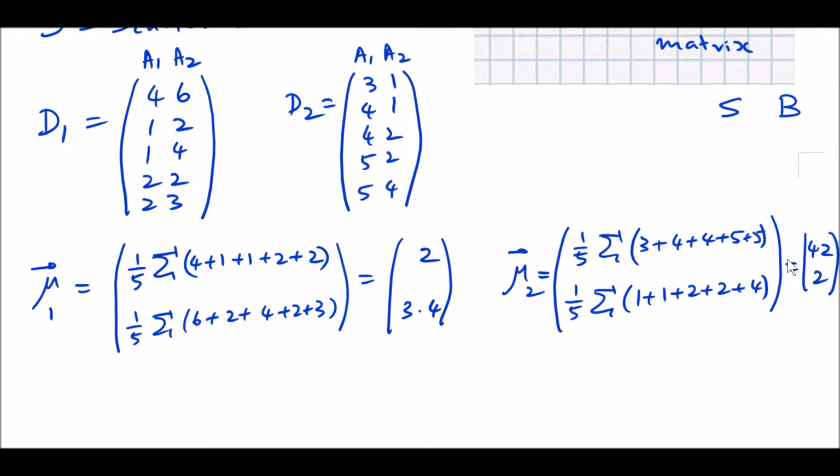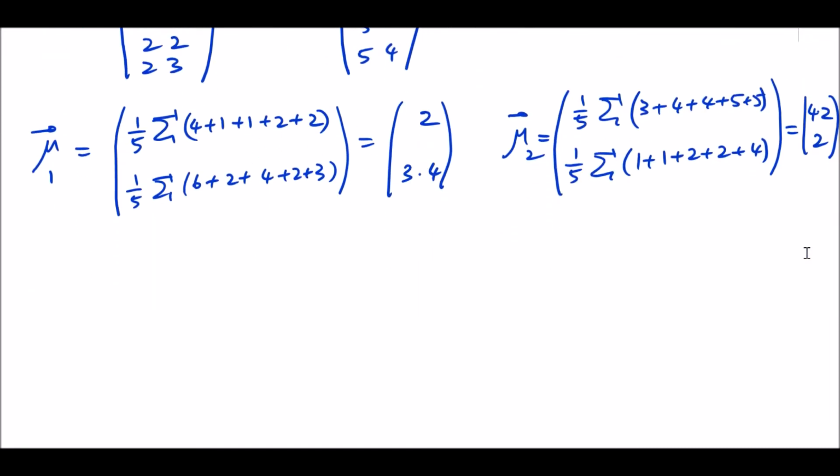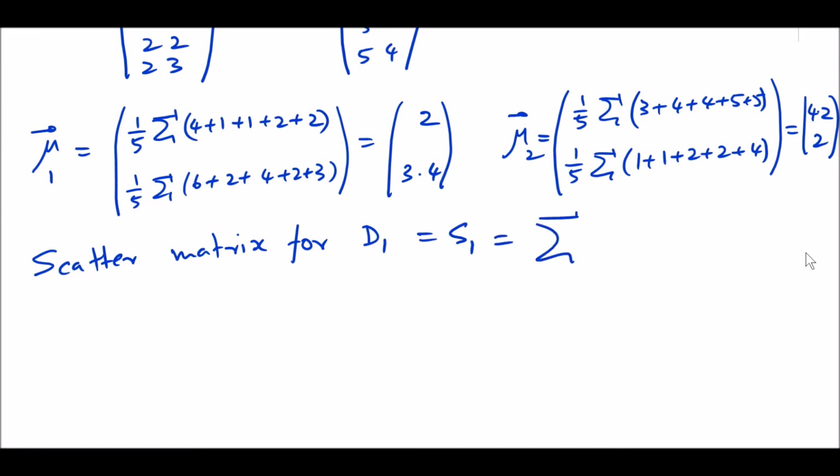Now we have a definition for the scatter matrix. The scatter matrix for D1 is known as S1, which is equal to sigma over xi in D1 of xi minus mu1 times xi minus mu1 transpose.